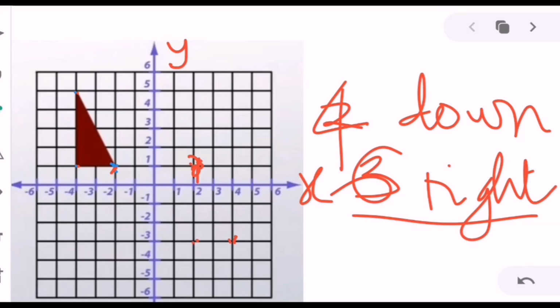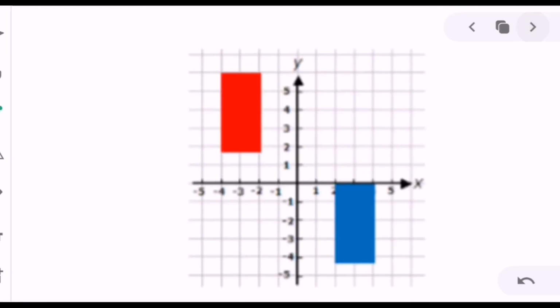Then you use your ruler, take your time, and draw this neatly and nicely. This is our translated image. So this becomes the image of the object here. Get it? Got it? Great.